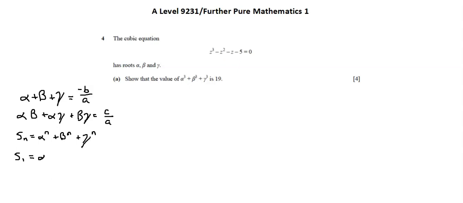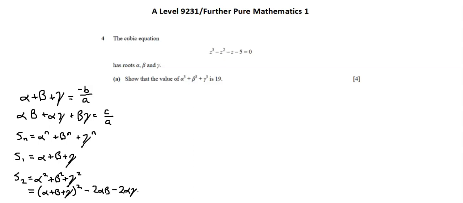S sub 1 is alpha plus beta plus gamma, and S sub 2 is alpha squared plus beta squared plus gamma squared, which is a component of the expansion of alpha plus beta plus gamma squared. It is that expansion less 2 times alpha beta less 2 times alpha gamma less 2 times beta gamma.